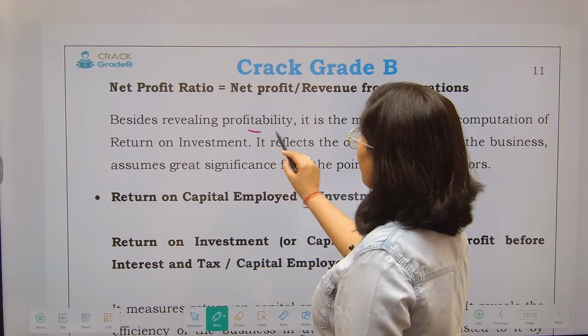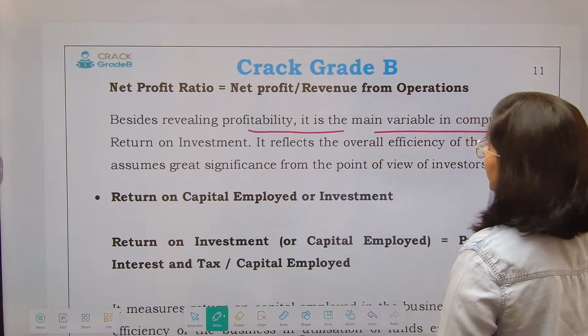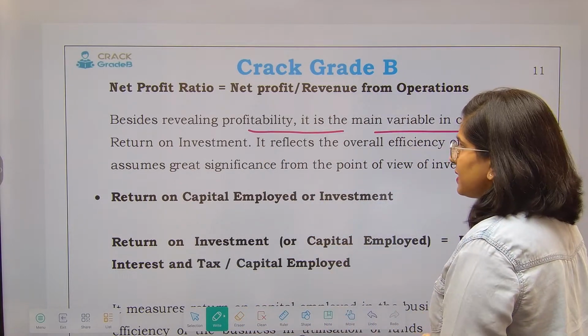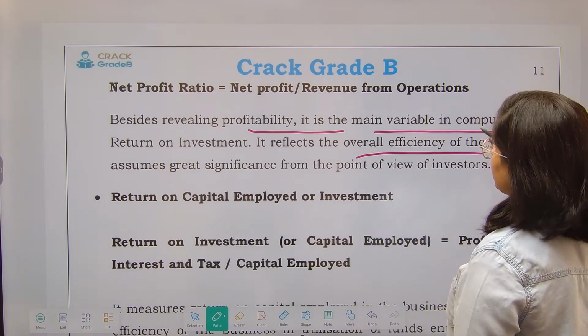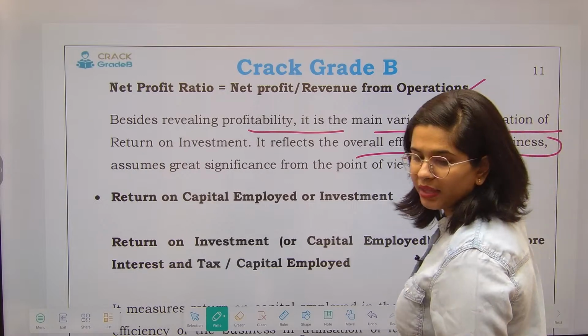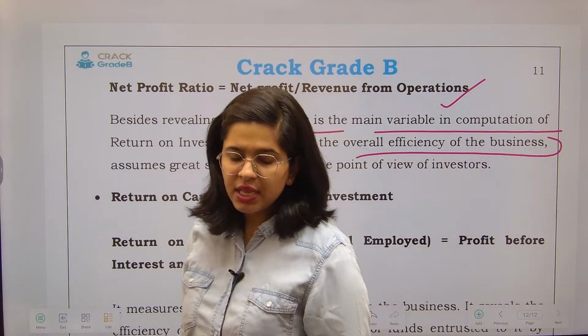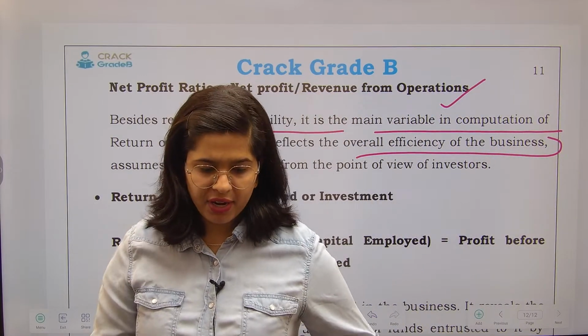Besides revealing the profitability, it is the main variable in the computation of return on investment. It reflects the overall efficiency of the business. So net profit divided by the revenue from operations is called your net profit ratio.